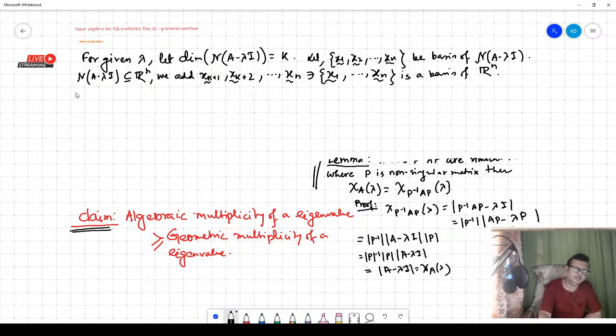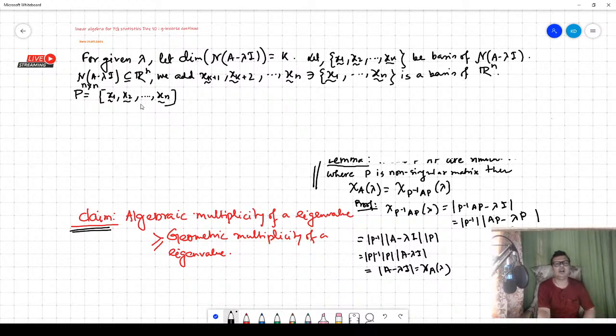It is better to say I construct a matrix P of order n cross n whose columns are x1, x2, up to xn. Since this is a basis of Rn, P is a non-singular matrix.